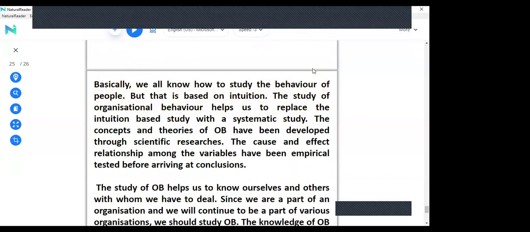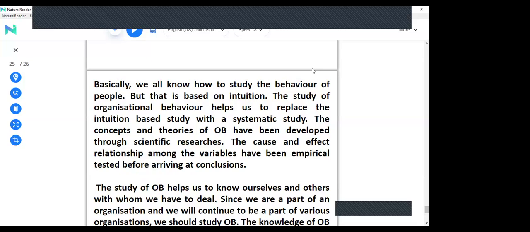Then on one side organization behavior and on the other side behavior of people. Okay, now I think you can understand this concept very easily. The main concept is organization behavior.